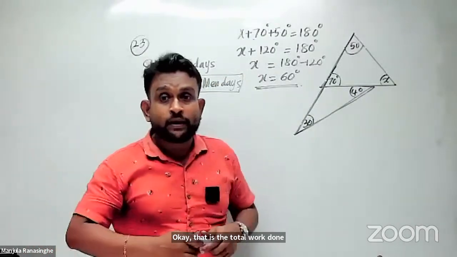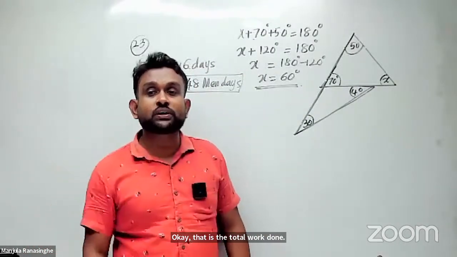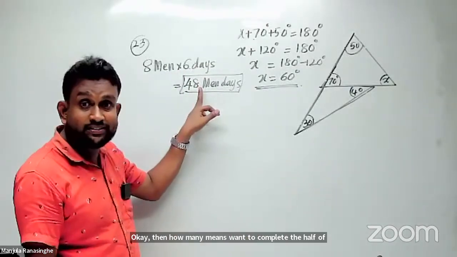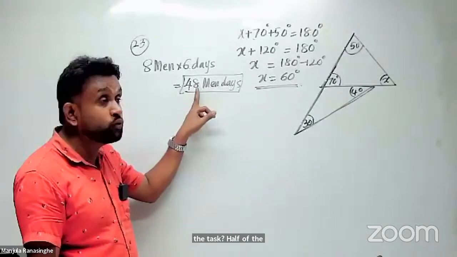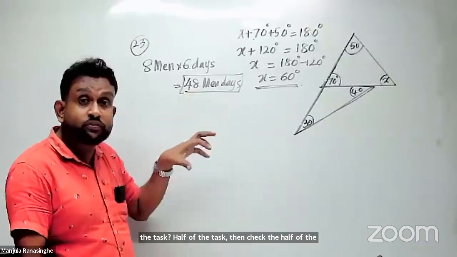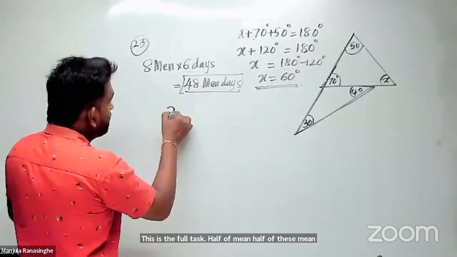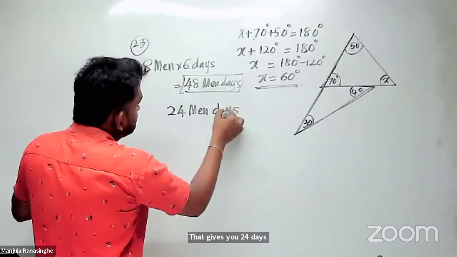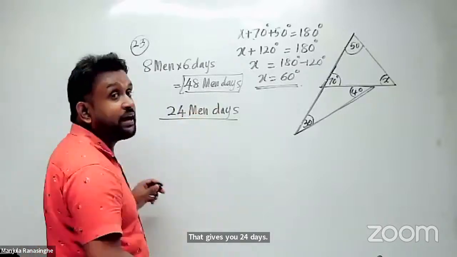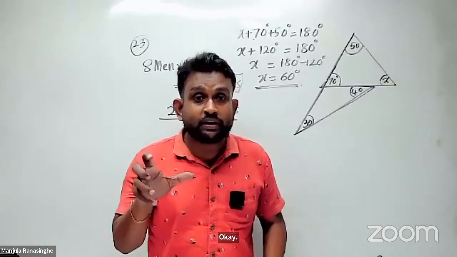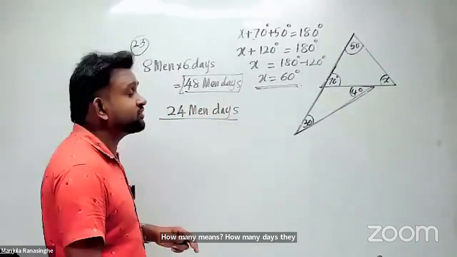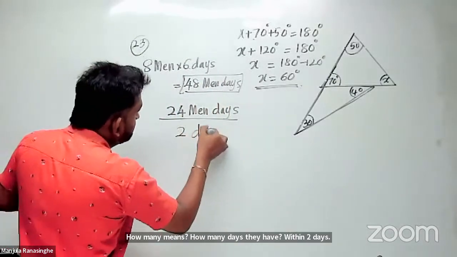Then how many men are needed to complete half of the task? This is the full task, half of this man days gives you 24 man days. That is half of the task. To complete half of the task, how many days do they have? Within 2 days. Then just divide by 2 days.